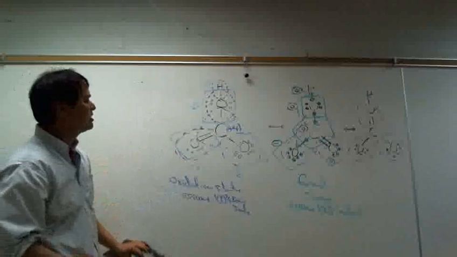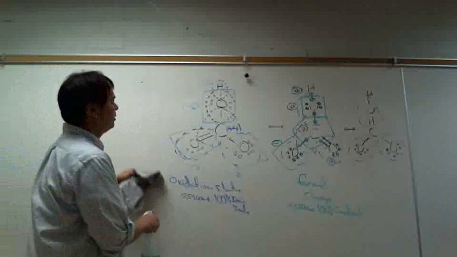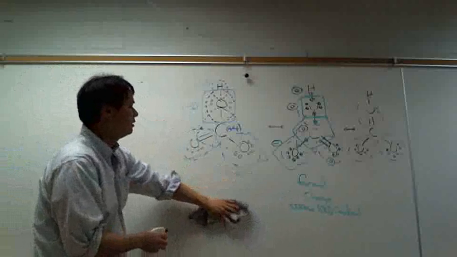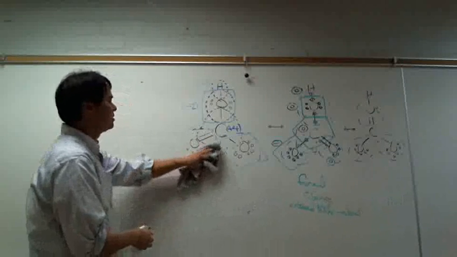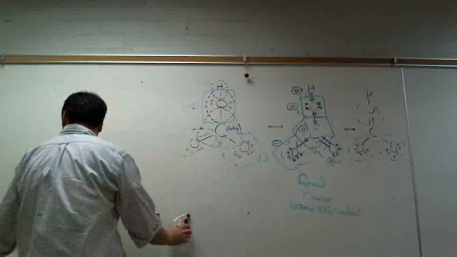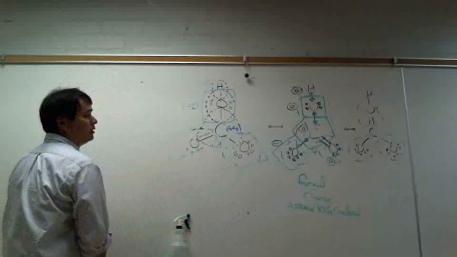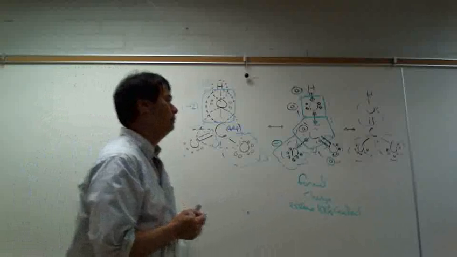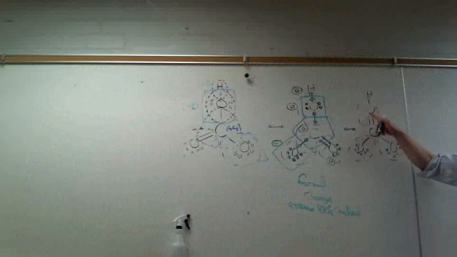Okay, so what's the difference? Let's take a look at these 2 structures again. For the first 2 structures, there's no difference. They're the same. But the third structure, there is a difference. Let's look at the formal charges. What's the formal charge on this oxygen here?